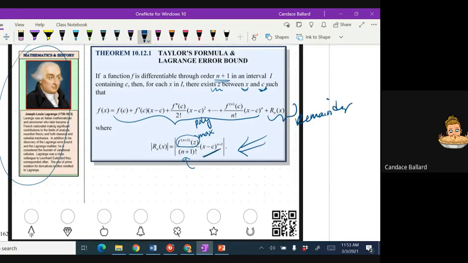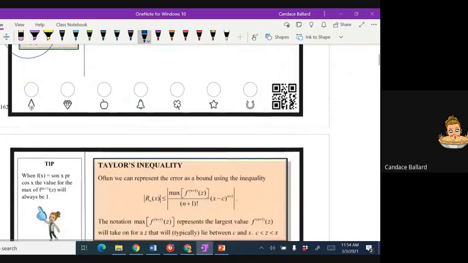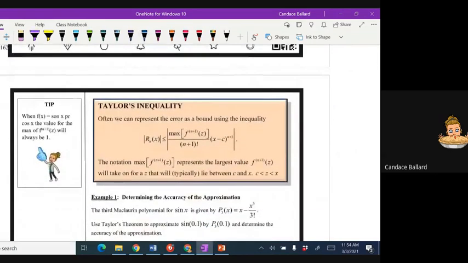And this looks like what we were doing yesterday, right? X minus c, so there's our piece of our Taylor polynomial, but we go one beyond what we have. So notice there's an n in here. If we had a 3, we would evaluate it at 4 for our remainder. And notice it's all absolute value, okay?